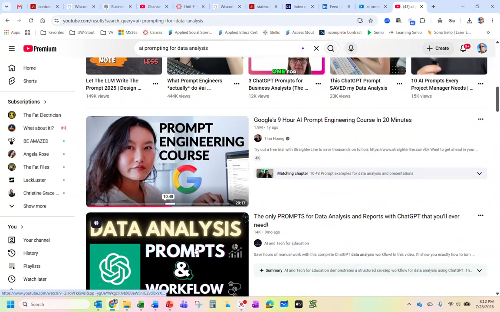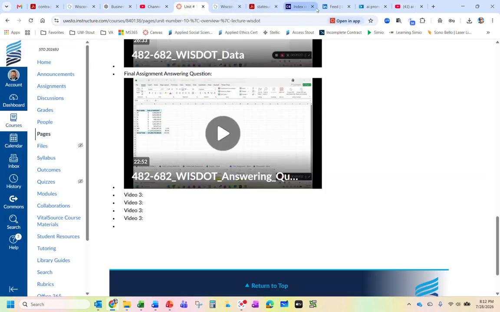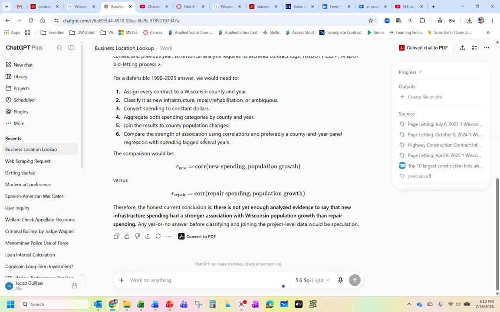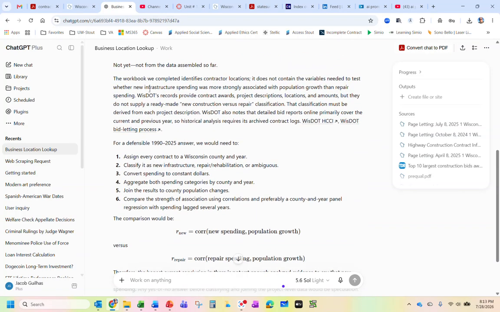But fundamentally, whenever you're talking to AIs, you want to be as absolutely specific as you can, and provide as much data as you can. In this case, it's telling me that I would need to download all the PDFs, pull all that information, and then try to figure it all out.